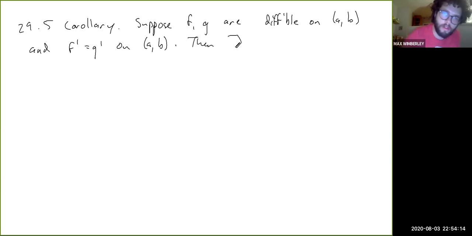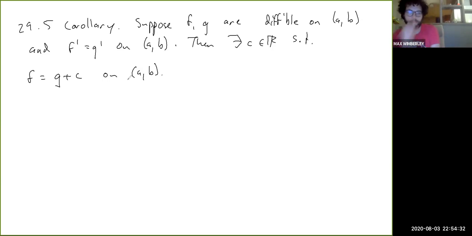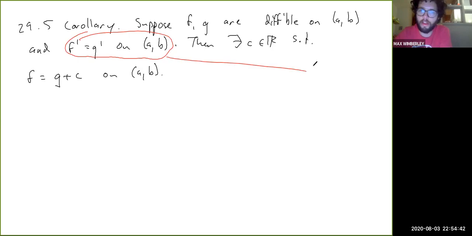Then there exists a C such that f equals g plus C on (a, b). So this is saying that f and g are antiderivatives of the same function.